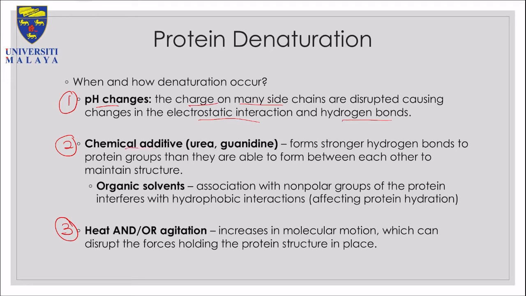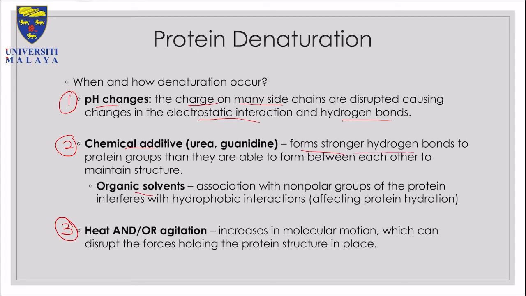Second one, chemical additive. Again, similar idea, whereby if you add a chemical additive such as urea, guanidine, or just use an organic solvent, what it can do is substitute the charges or interactions that are occurring within the protein itself.